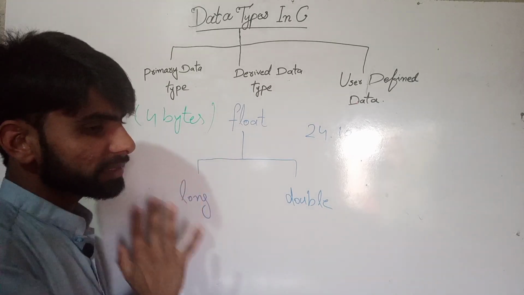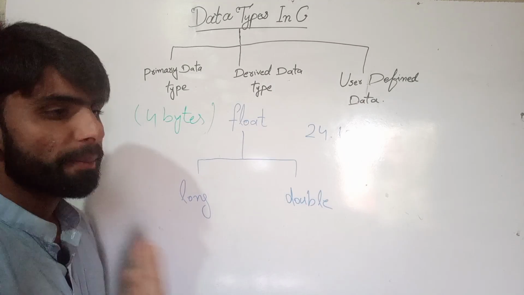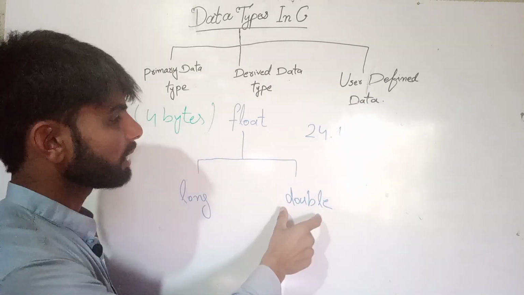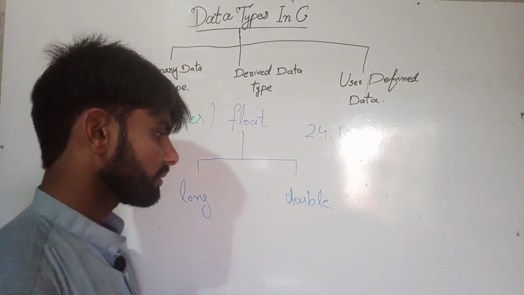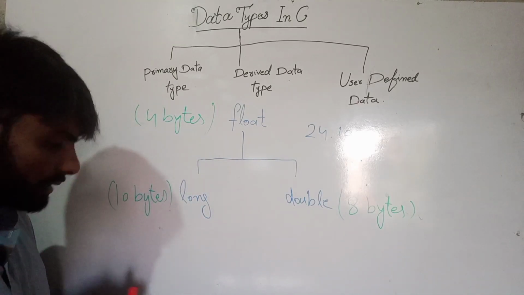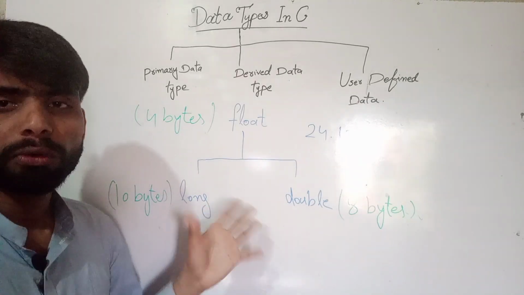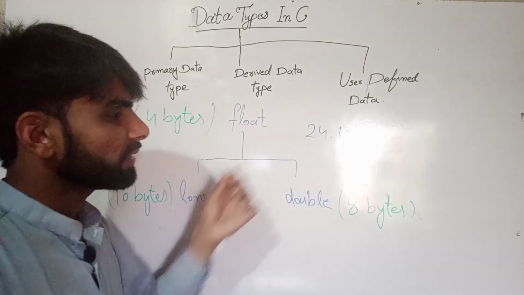These are two data types, same as before. If we want to store a larger range of values, then we take double, which takes 8 bytes, and long double, which takes 10 bytes. If we want to store more numbers and with more accuracy, because it has precision after the decimal point.